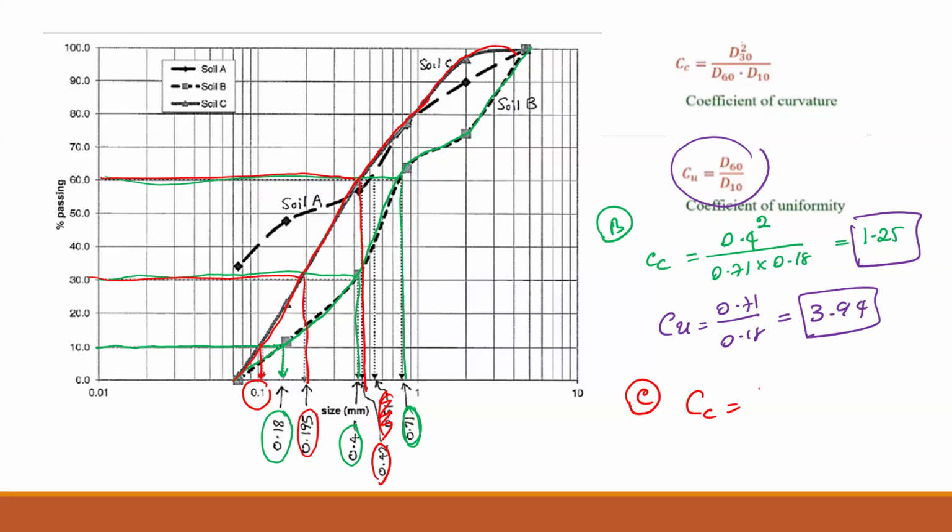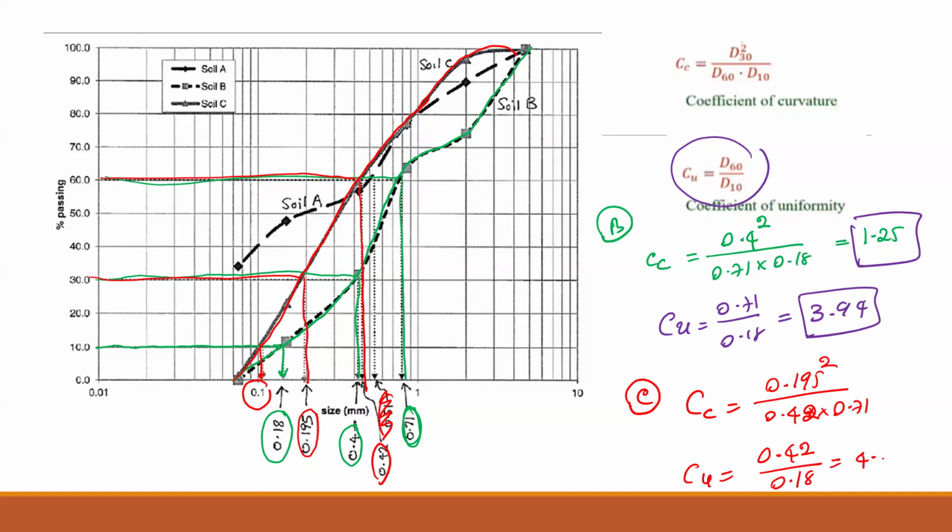So CC is, now we can have 0.195 squared over 0.4 times 0.42 times 0.71, and CU will be D60, which is 0.42 over 0.18.